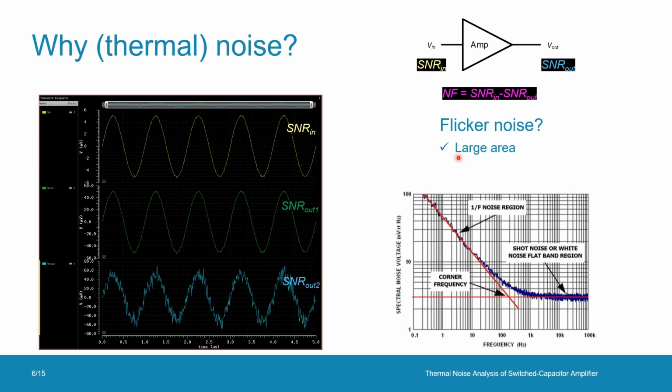For instance, you can increase device area, you can use chopper modulation, correlated double sampling, or auto-zeroing, you name it. So ultimately, if you design your amplifier properly, you will be limited by the thermal noise. Now I hope the high-level motivation becomes more or less clear of why we want to do thermal noise analysis of a switched capacitor amplifier.